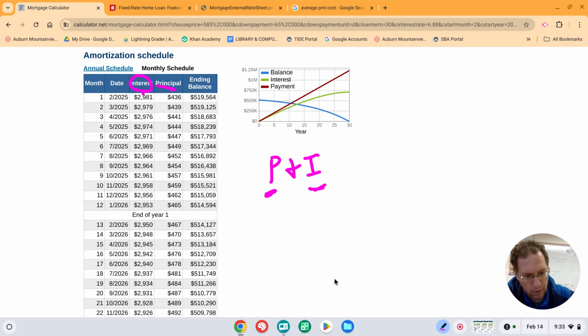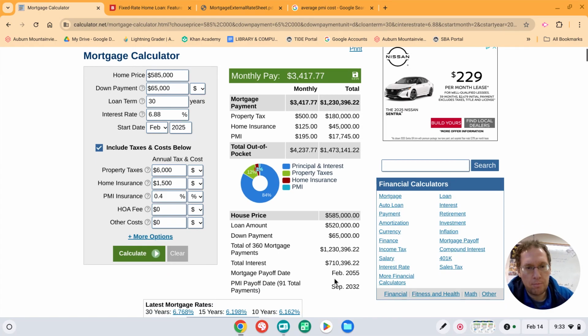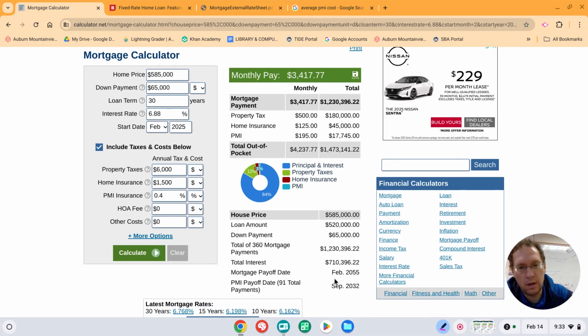PMI, of course, is that private mortgage insurance, and that one is a penalty until you pay 20% of the home mortgage. And again, with this PMI, the faster you can make extra payments and hit the 20% of your value that you paid, the faster you can get out of this extra $200 a month payment. The minute you get rid of that $200 a month payment, you could just put that $200 toward your extra principal, and again, get that interest savings.